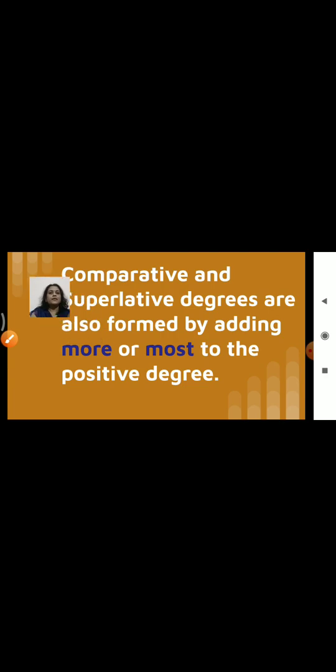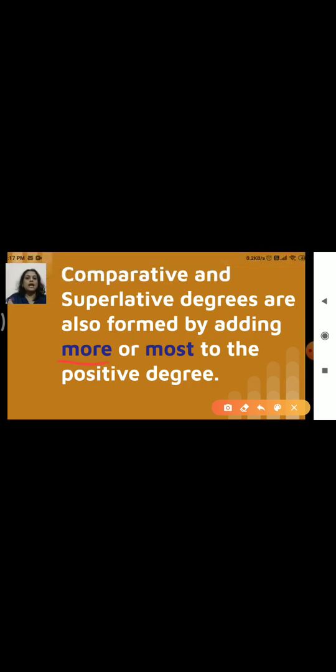Now, comparative and superlative degrees are also formed by adding more or most to the positive degree. Okay, so we do not add the way we did with our previous words. What we did, we just added er, somewhere we just added ier. Now there are some words where we do not add these, but we add these two words, more and most.